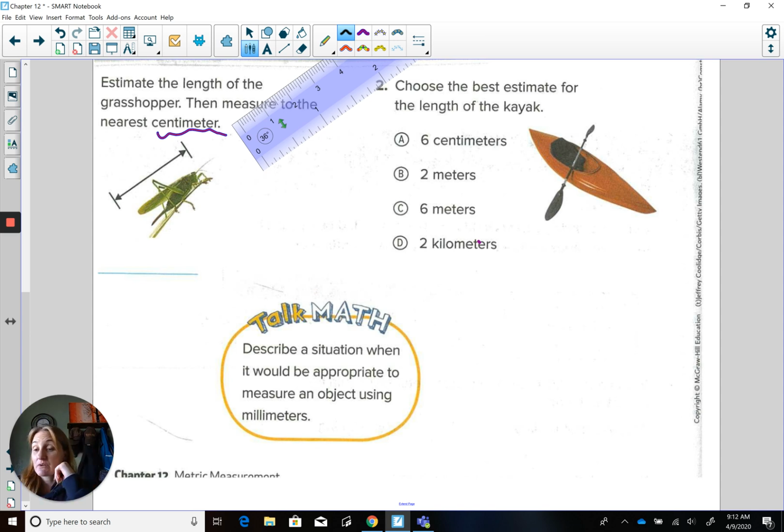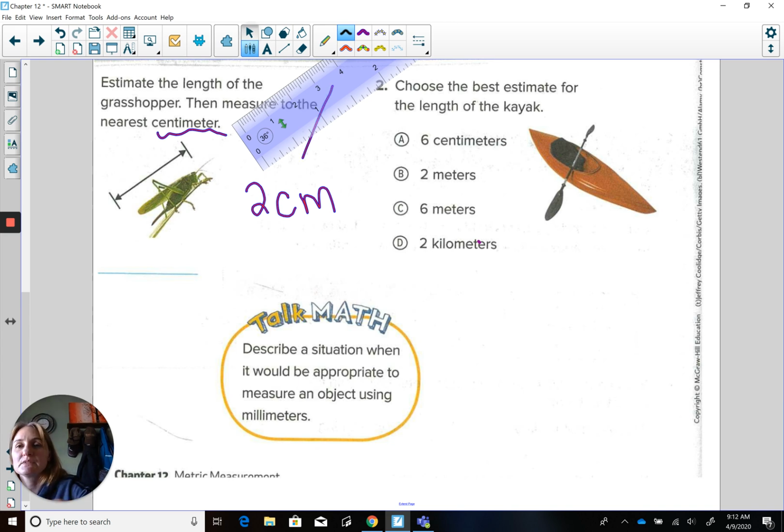Grasshoppers are bigger than ladybugs, so I would say it's half a centimeter, don't you think? So I'm going to step to the side here. This is comparing it to something I already know. I'm going to actually measure it.